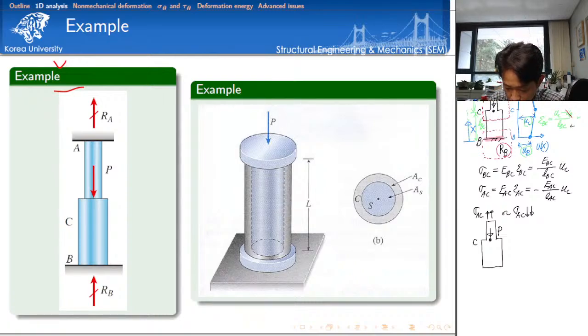And how about here on the side of BC? We need to consider the normal stress BC here, upward or downward. So which one is correct? Let's do a quiz.